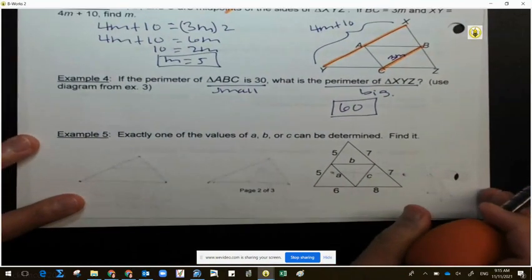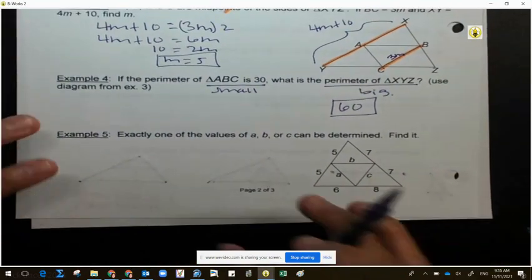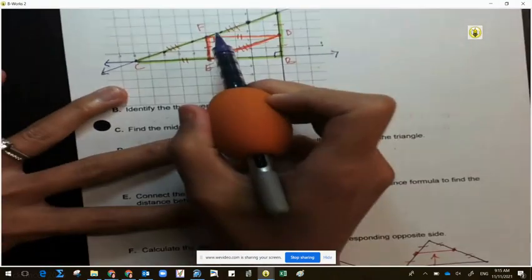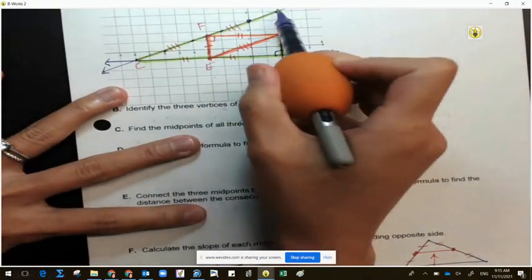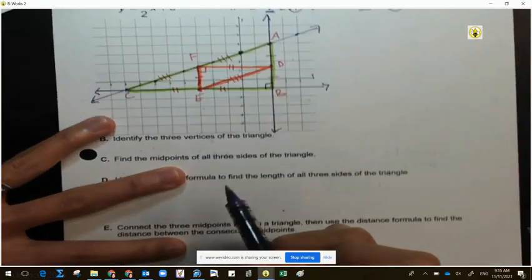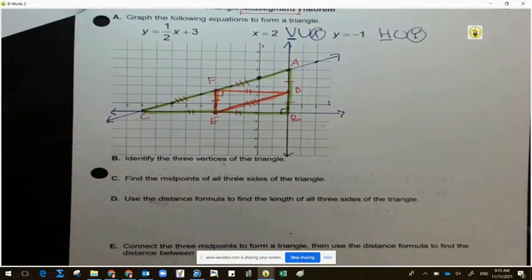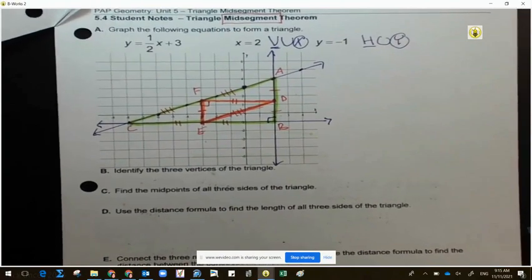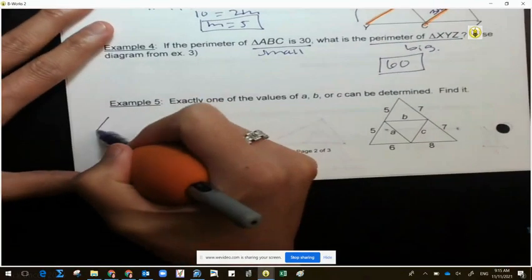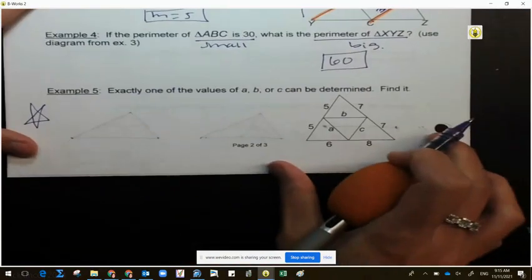Wait, so it's just twice as much. Yep. And in case that was a little reminder you needed, the perimeter of the smaller one is half of the bigger one. And that's what we wrote after the figure on the front page. Okay? All right. Okay, make sure you study this.